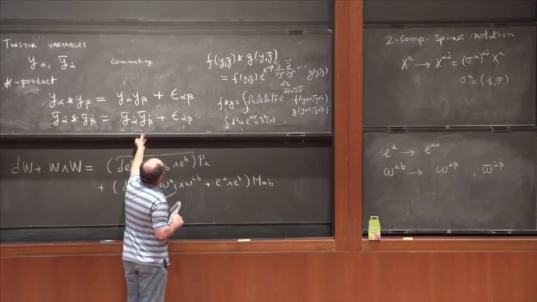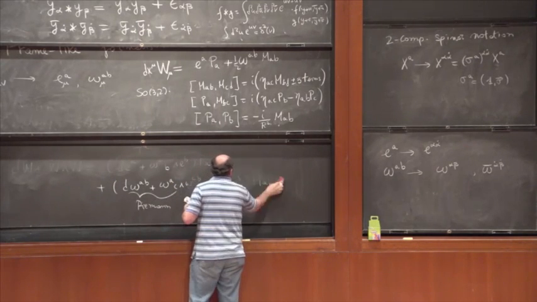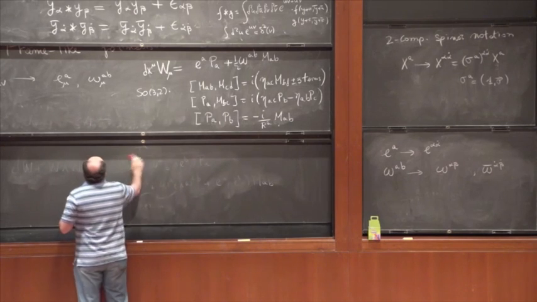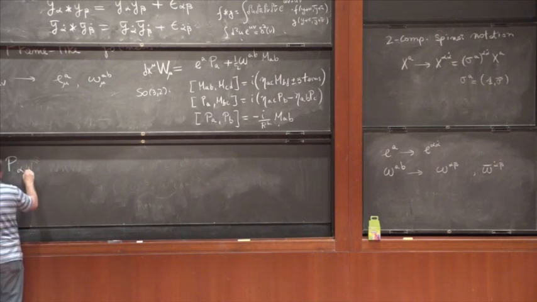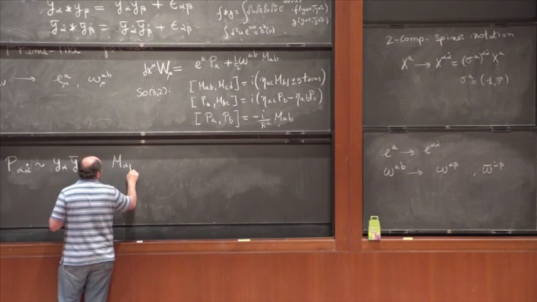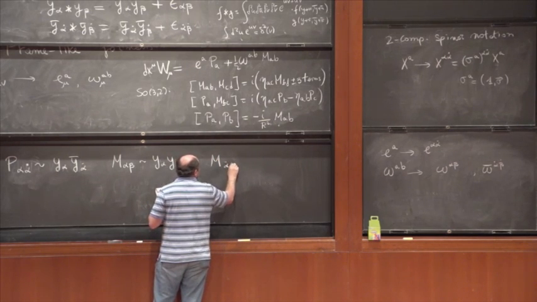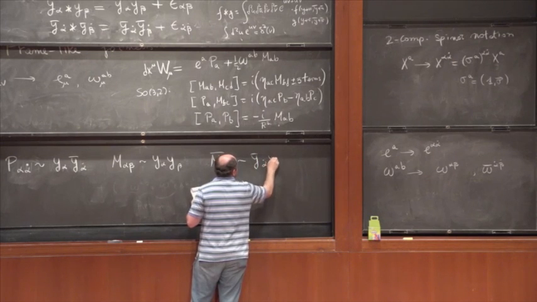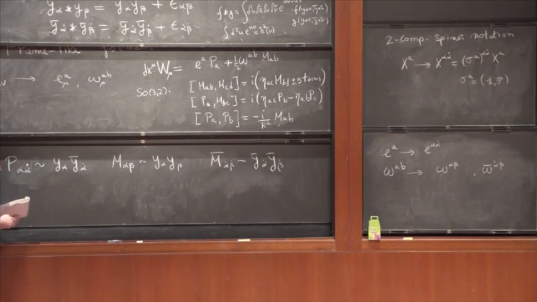Now it's easy to see that if you consider bilinears of these y's and y bars, and we call P alpha alpha dot, y alpha y bar alpha dot, up to normalizations, and we consider their commutators under star product, we see that this star product is defined precisely in such a way that we reproduce the SO(3,2) algebra in these two-component spinor notations.